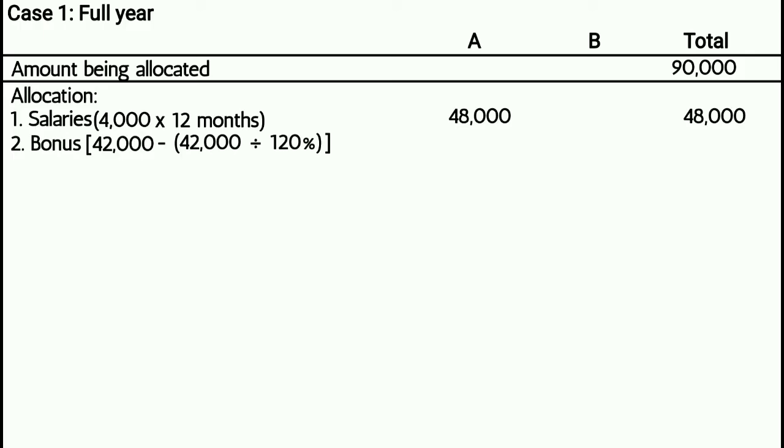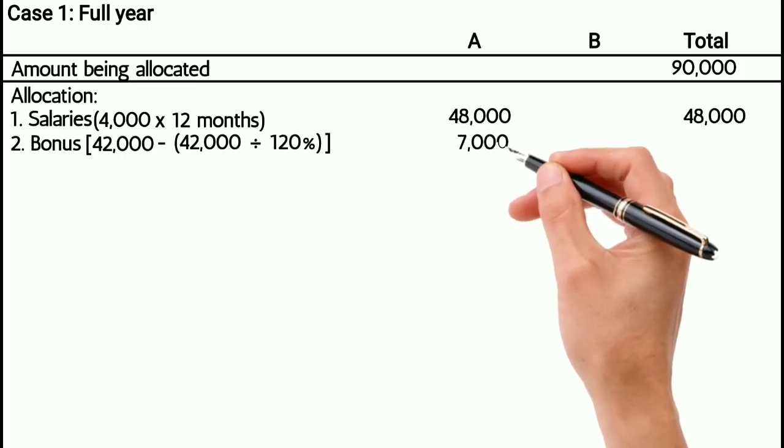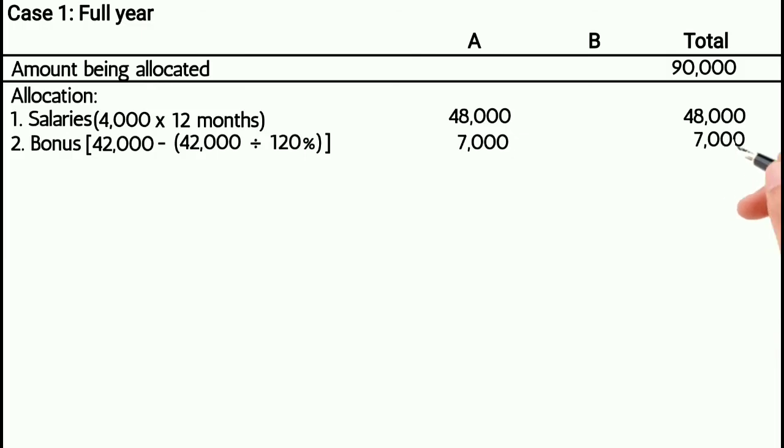Ang kailangan mo lang gawin, i-add mo yung 100% sa bonus rate na 20%. That's why dinivide natin dito yung 120%. 42,000 pesos minus the quantity 42,000 pesos divided by 120%. Ilan yan? 7,000 pesos. And that 7,000 pesos is the bonus to A.